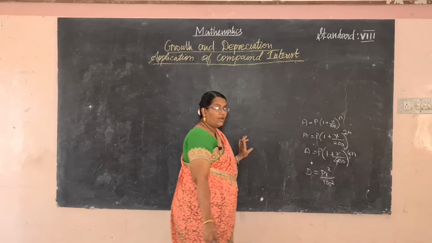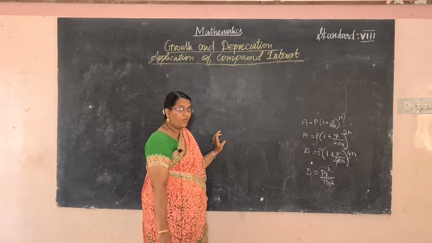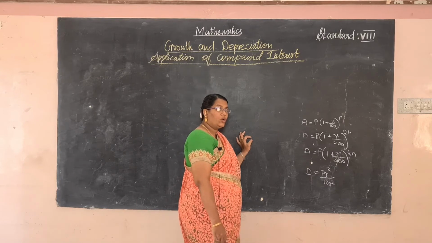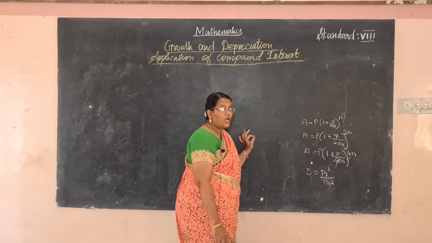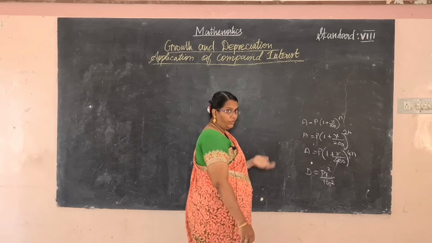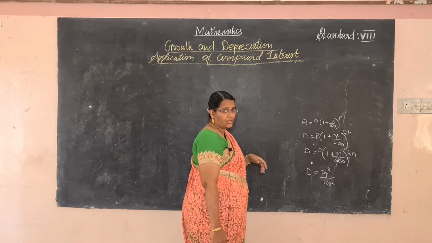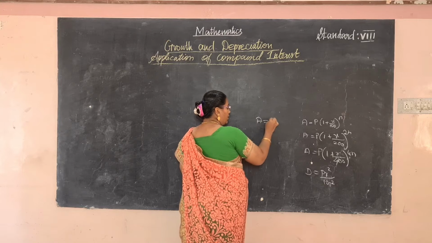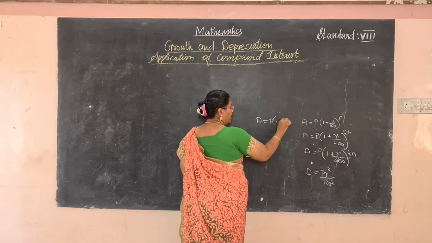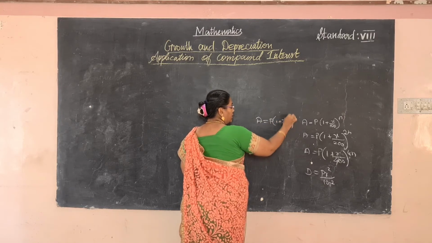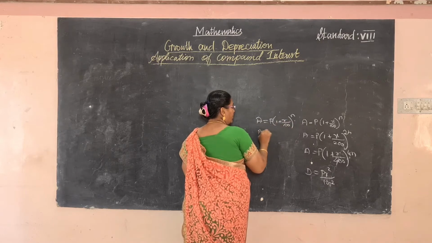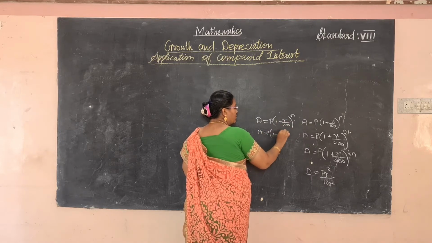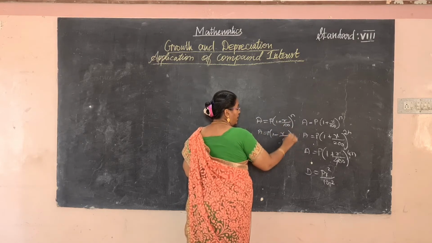And also we have learned the depreciation and appreciation formula, which depends on the growth rate of interest. The growth formula is P of 1 plus R by 100 the whole power n, and depreciation is P of 1 minus R by 100 the whole power n.